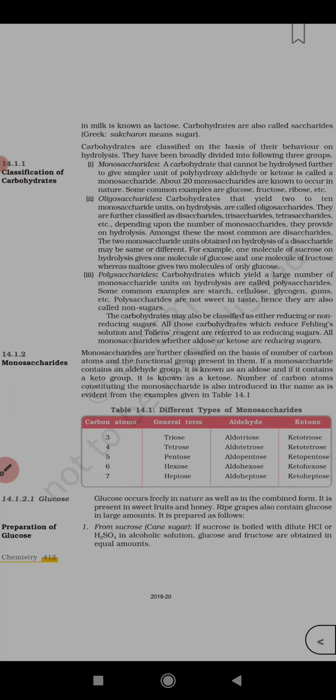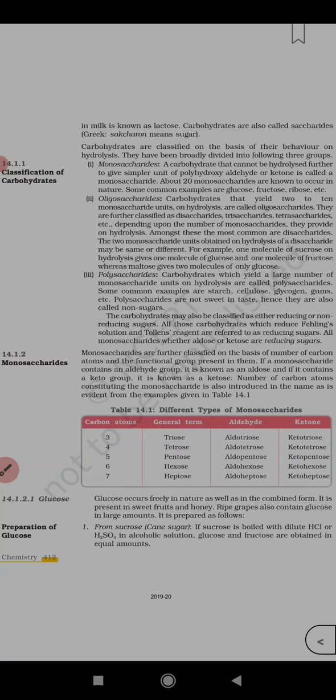The pressure should be 2 to 3 atmosphere and the temperature 393 Kelvin. So not much pressure, just 2 to 3 atmosphere, one or two more than normal 1 atm.